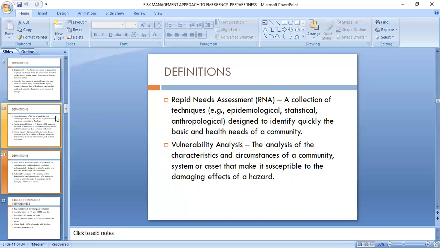So all those affect your vulnerability and the impact of the emergency or disaster on the community. So sometimes cultural belief could be a source of vulnerability.